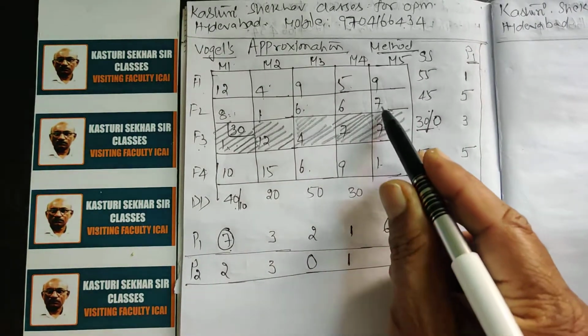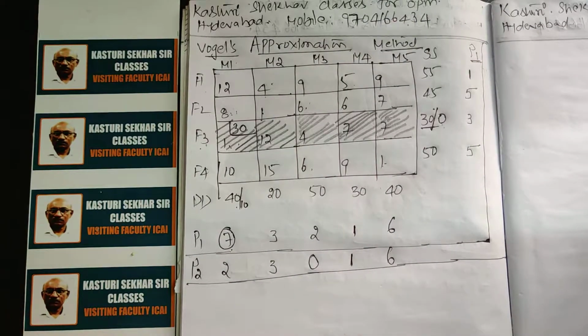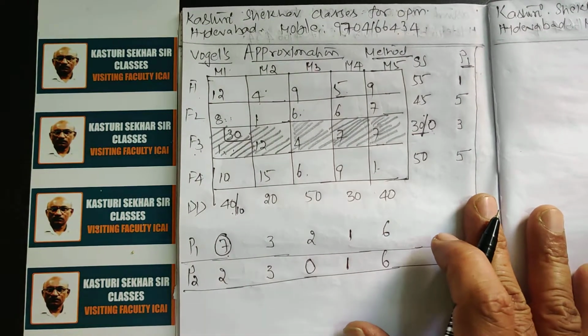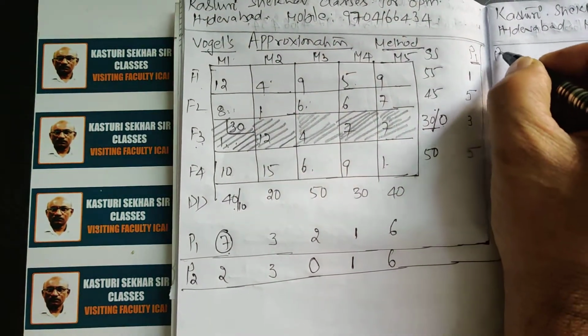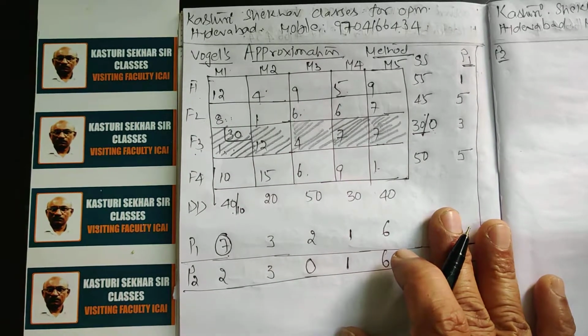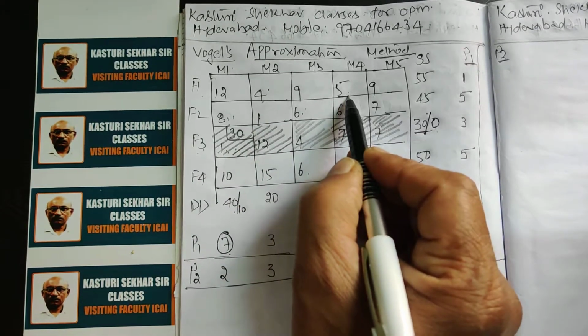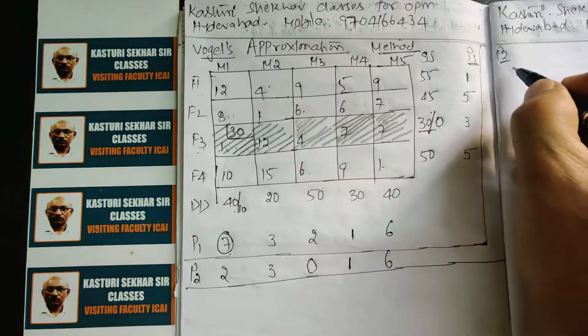Here 1 and 7 difference is 6. Column wise penalties are calculated, sir. Let's move row wise. Lowest value for first row is 4. Second lowest is 5. Difference of these two is 1.